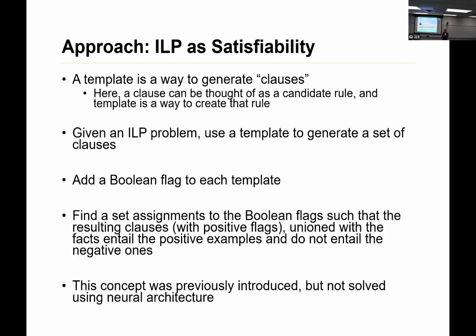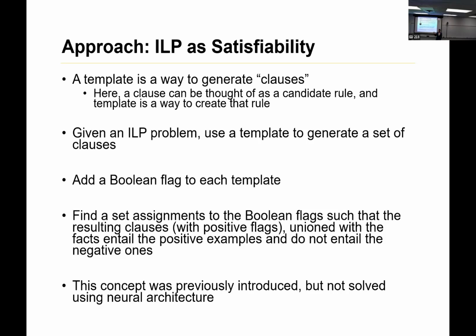So for a given template, there is a whole bunch of potential rules based on that template that we want to consider. And so what we do is, with each clause generated from one or more templates, we tack onto that clause one more ground atom, and that's a flag.